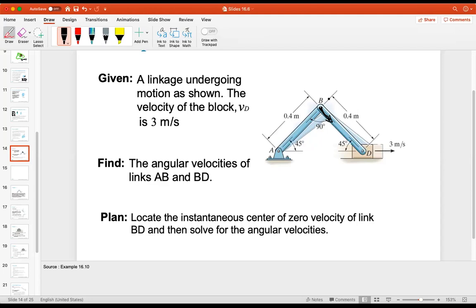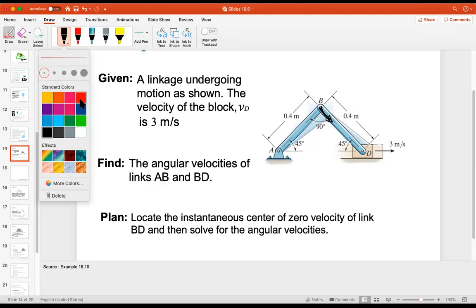Well, we don't know the velocity, but we only need to know the direction of the velocity, and we have the direction of the velocity at point B and at point D. What we should do is draw the lines of action which are perpendicular to the velocities. So I'm going to change colors here and put those in red.